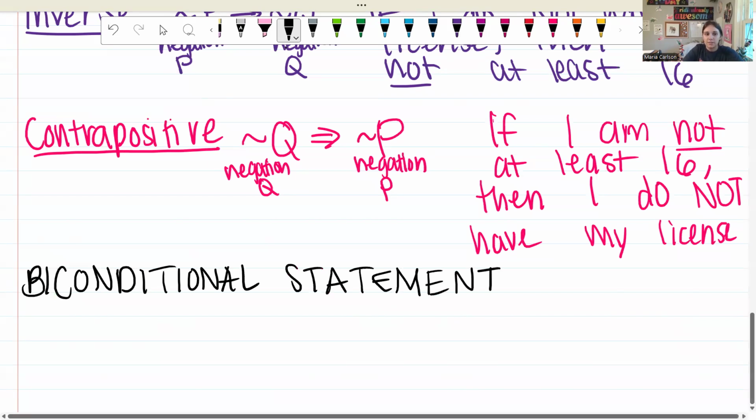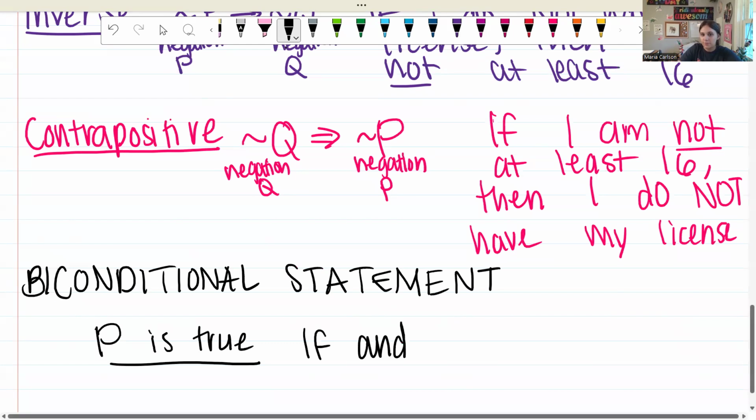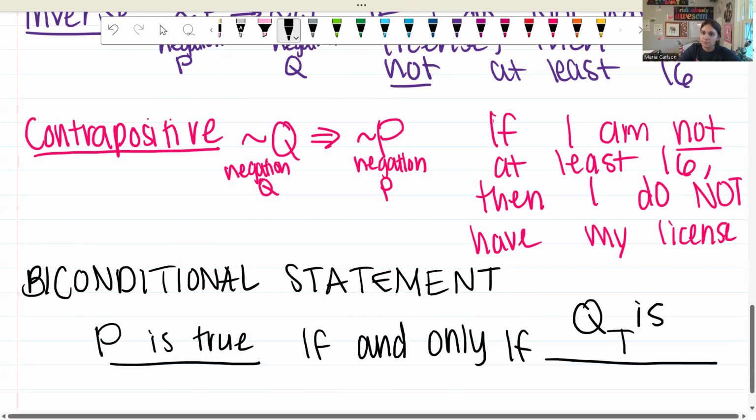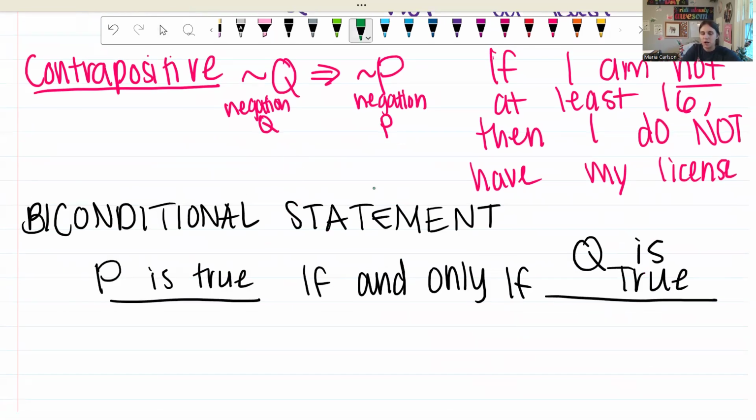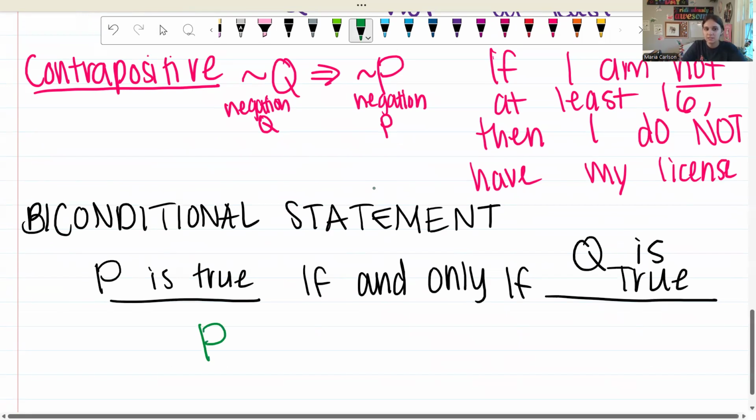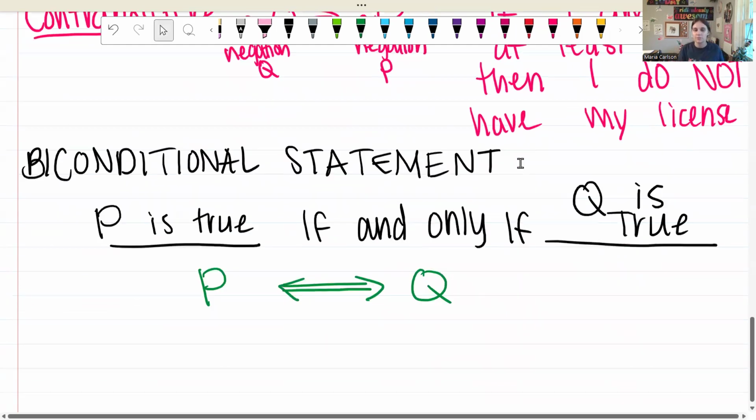So a biconditional statement says that P is true if and only if Q is true. And the way this looks, if we're just using our symbolic notation, P, and then we have a double arrow, P, if and only if Q. P is true if and only if Q.